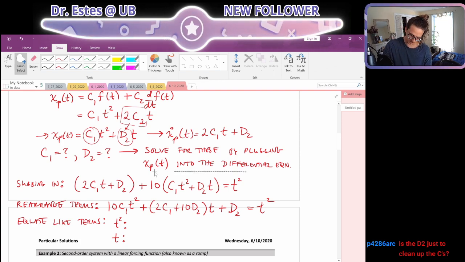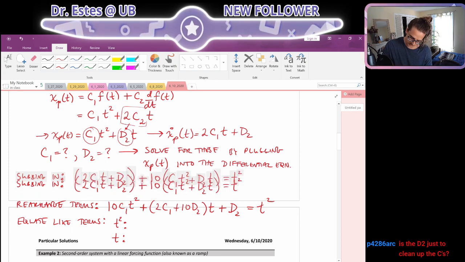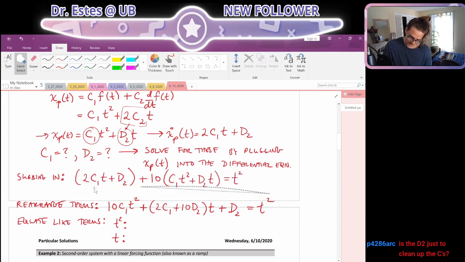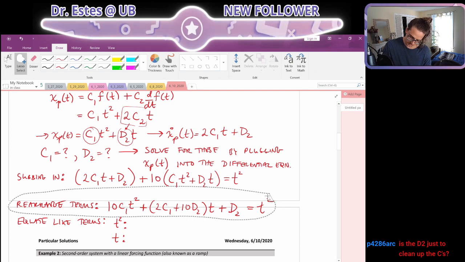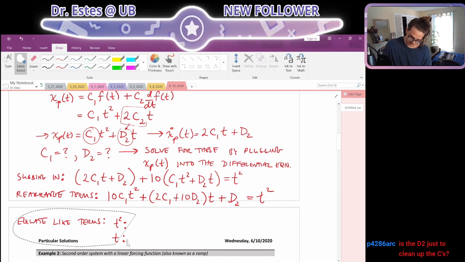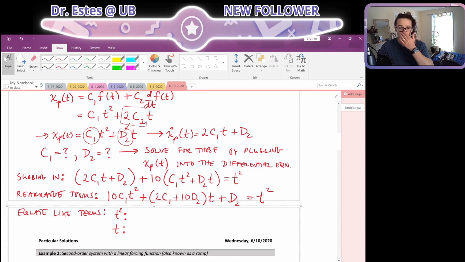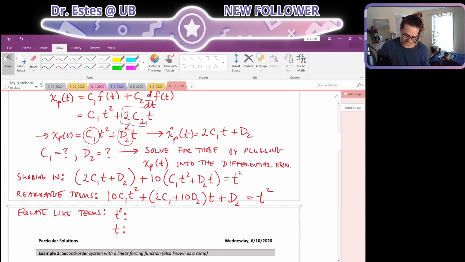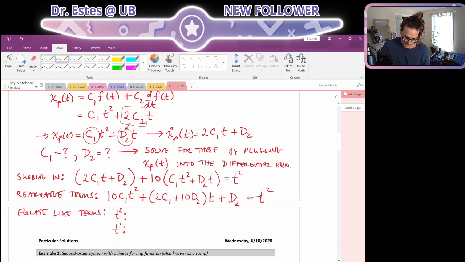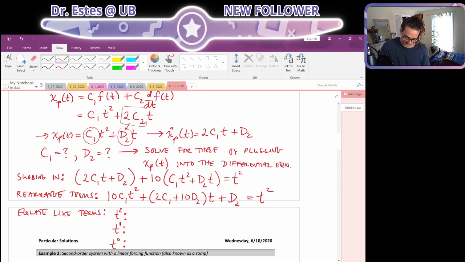I'm going to give myself a little bit more space by moving this up a little bit. Okay. So we'll have the t squared terms, the t to the 1 terms, which is just t, and the t to the 0 terms. So you'll see what I'm doing here.